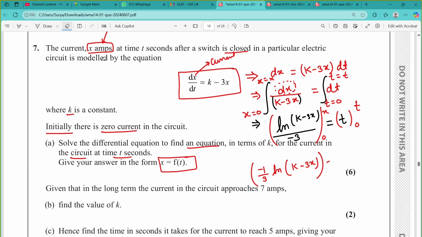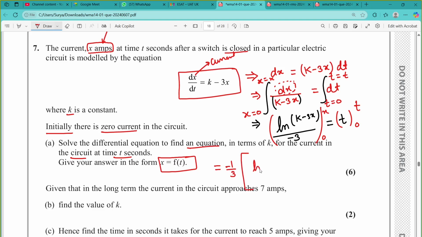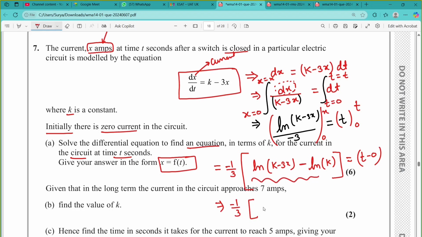We should take the minus 1 by 3 outside completely, and then write ln (k minus 3x) minus, now we are going to put the lower limit, which is ln (k minus 0). I am not writing this 0. I have written only k. The upper limit t minus 0. So we are getting minus 1 over 3. Now we can apply the property of logarithm here. So we should write ln ((k minus 3x) upon k) should be equal to t.